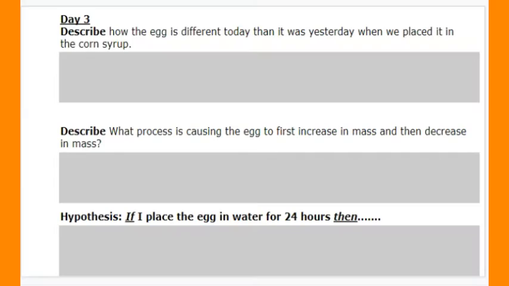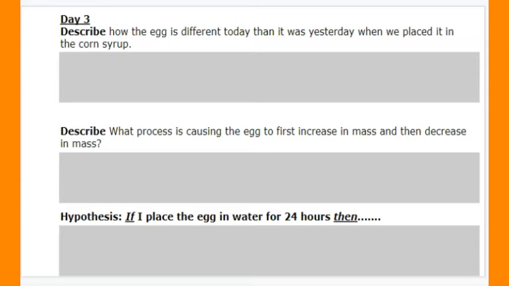There we go. All right, guys, so let's look at our descriptions and our hypothesis today. Day 3, it says, describe how the egg is different today than it was yesterday when we placed it in the corn syrup. That should be fairly easy, right? A sentence or two describing, because it's a pretty big difference from when we removed it from the vinegar to the day when we removed it from the corn syrup. So think about that.